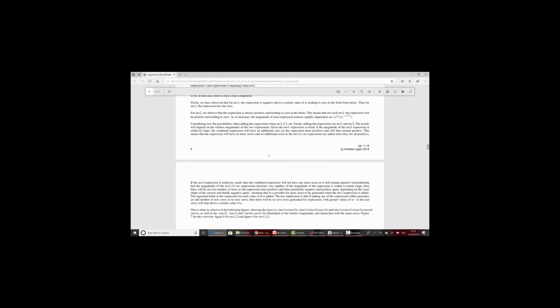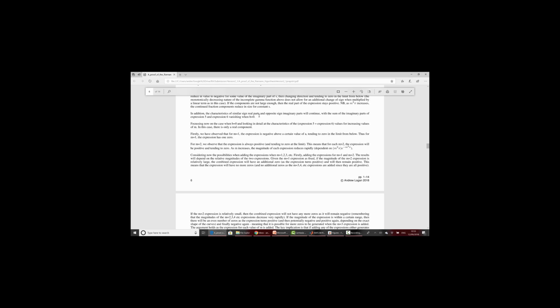here we are. Focusing now on what happens when b equals 0. If we look in detail at those characteristics, b equals 0, so there's only a real component. For m equals 1, the expression is negative above a certain value of a, tending to 0 in the limit below.